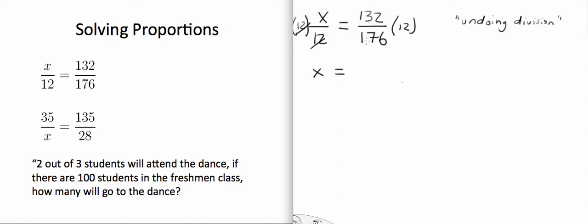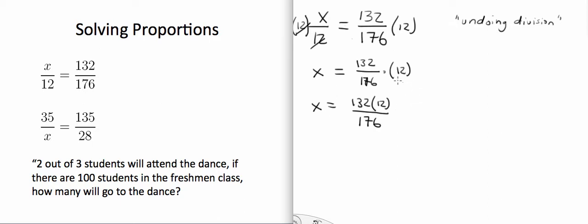And then on this side we've got 132 divided by 176, and that's times 12. So when we multiply this by 12, the 12 only goes to the 132. So essentially we've got 132 times 12 divided by 176.